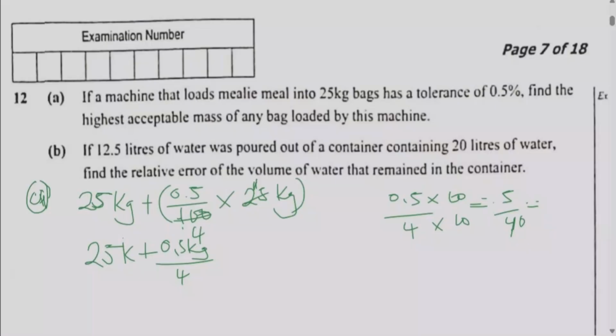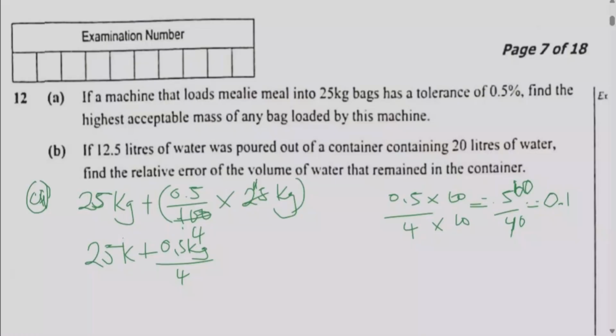5 into 40, it can't, so we write 0. Then we add 0 to 5 and put a decimal point there. Then we say 40 into 50 goes 1 time, remainder 10. 40 into 10, it can't, so we add 0 here.